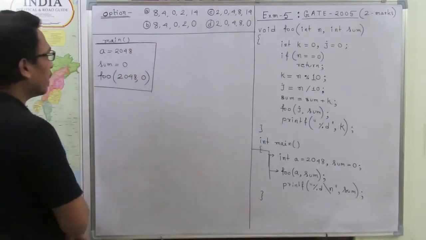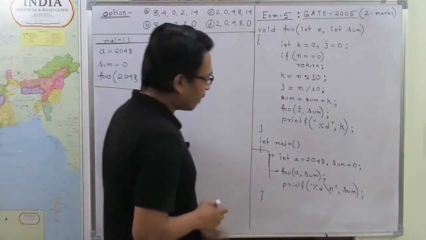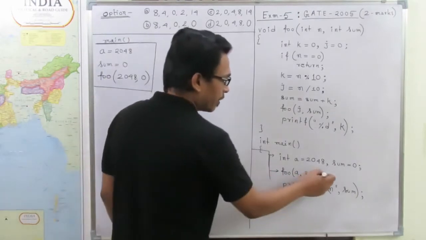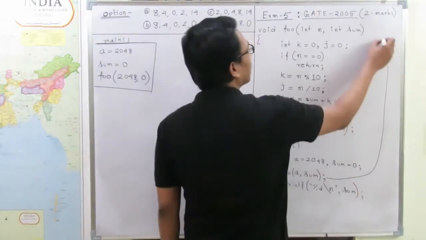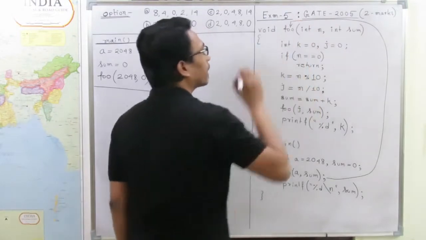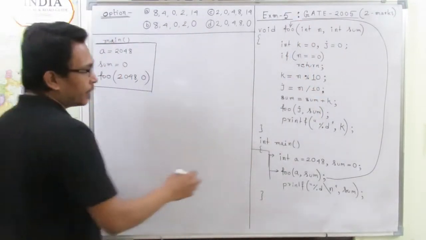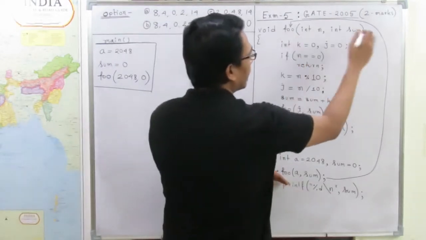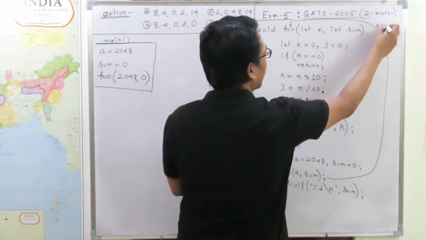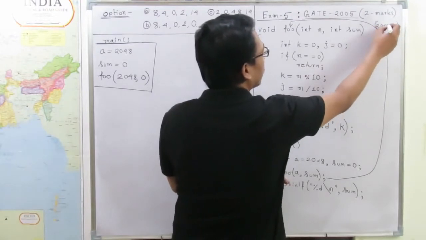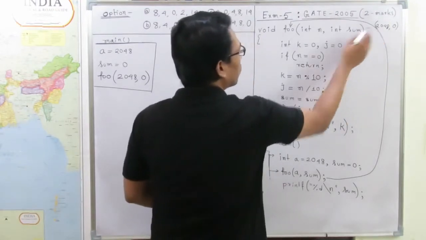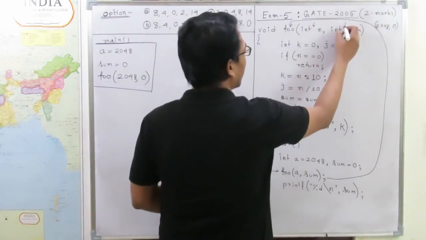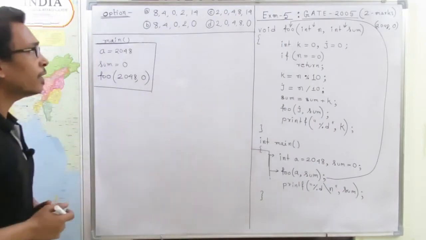Now the system will go to the function definition. Where is this foo function defined? It is defined here. When control comes from main function to this foo function, the arguments are 2048 and 0. This 2048 will be received by n and the 0 will be received by the variable sum inside the foo function.